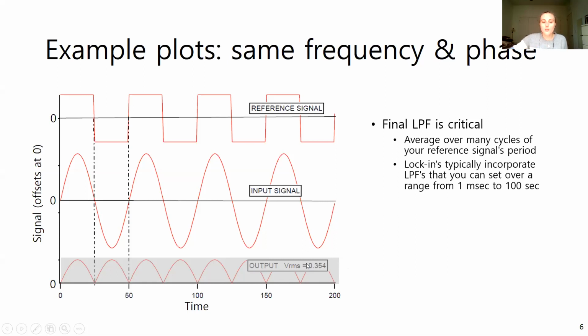So your output is going to be the time average of your signal here. There's a selection I'll show you on the front panel again, that you can usually select from 1 millisecond to 100 seconds, but it's very important to choose this relative to the frequencies of your signals.